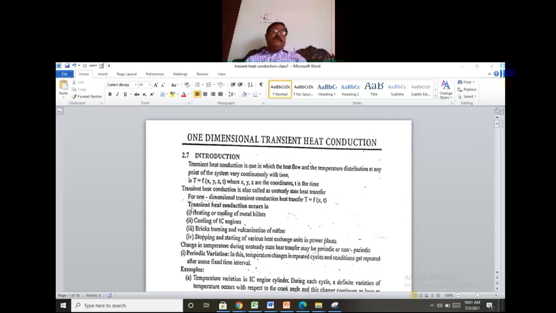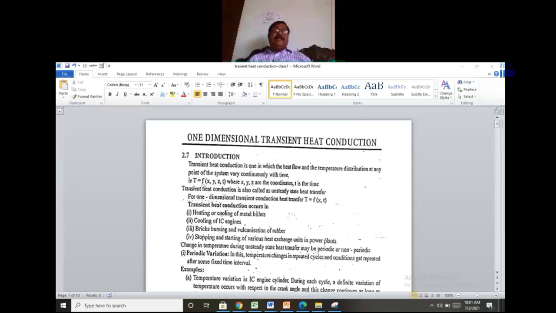Now further, I'll move on to the one-dimensional transient heat conduction. The transient heat conduction is one in which the heat flow and the temperature distribution at any point of the system vary continuously with time. The heat flow and the temperature distribution vary with respect to time.